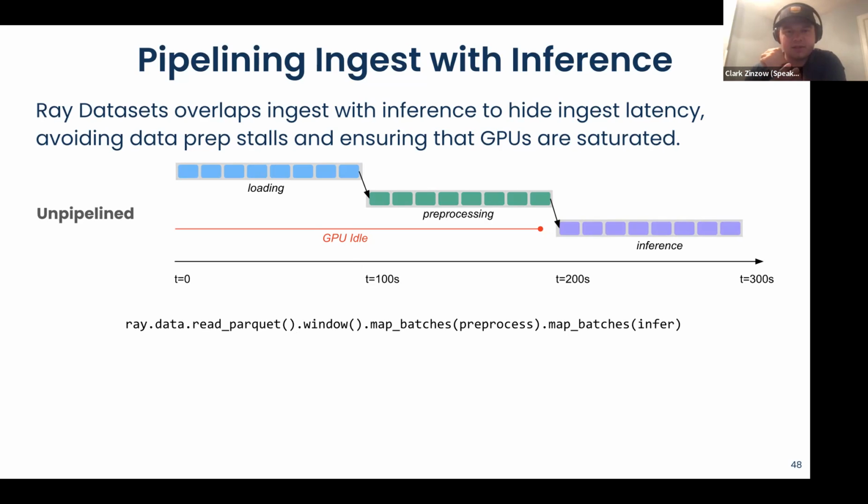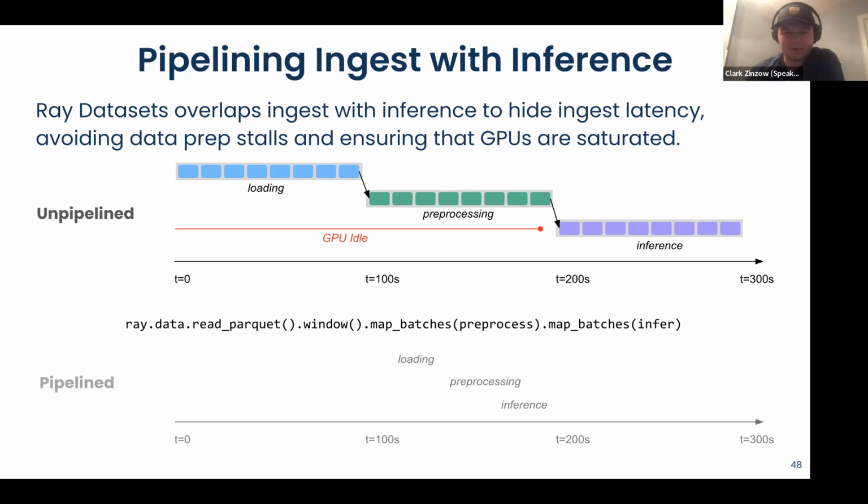And so this will keep your active working set of the data set pretty small. This is basically streaming processing. With this windowing API, you can give a specification for how large you want the windows to be. And then this will create a pipeline such that the loading, pre-processing, and inference stages will be pipelined.